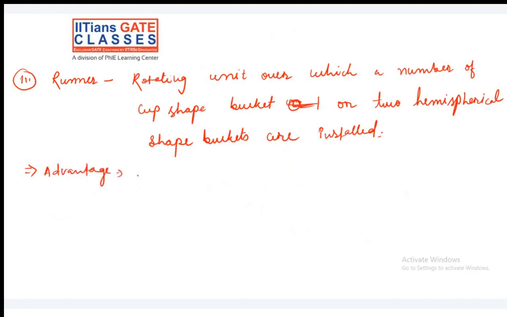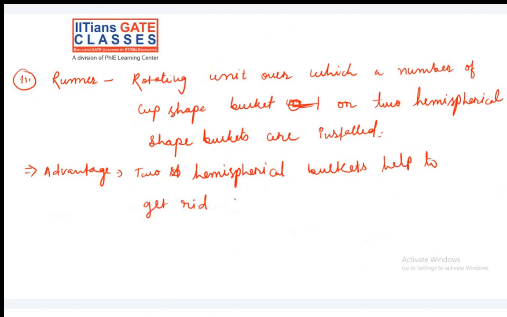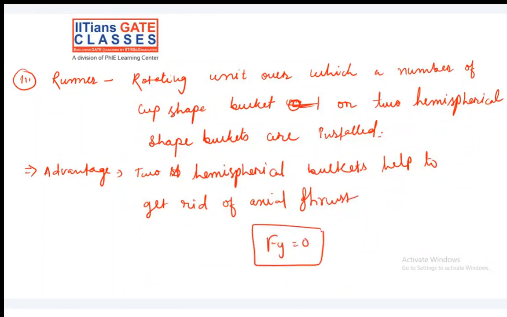The advantage is that two hemispherical buckets help to cancel out, help to get rid of the axial thrust. That means there will be no Fy. This Fy will be directly zero. I will tell you how.